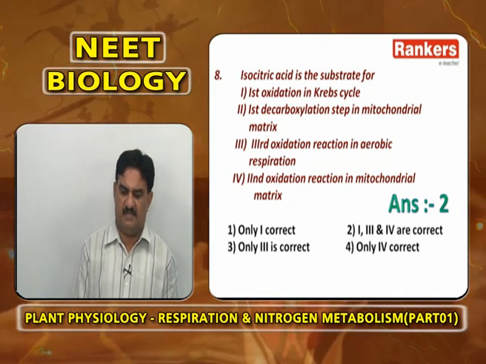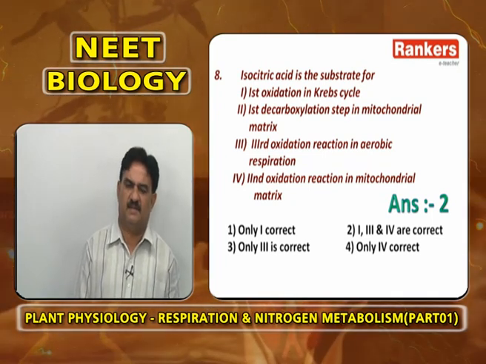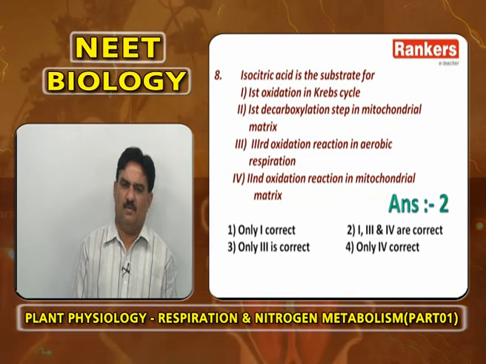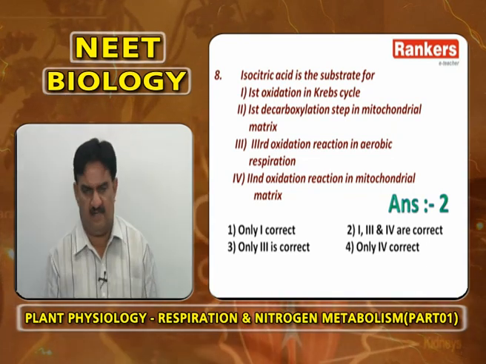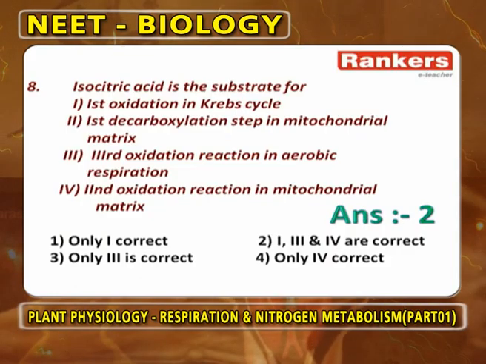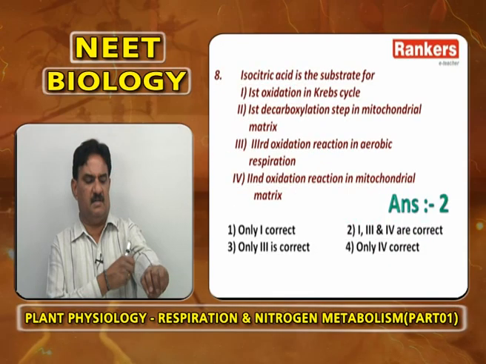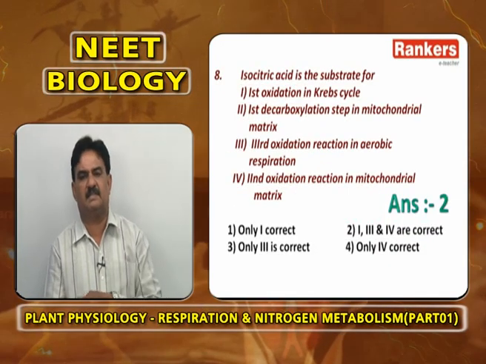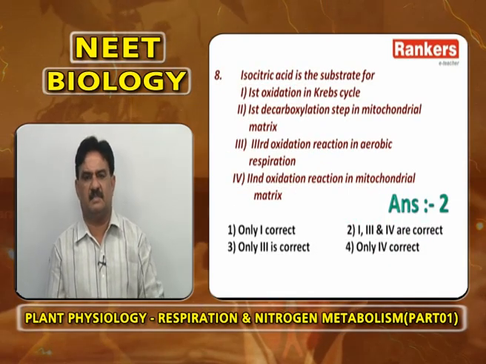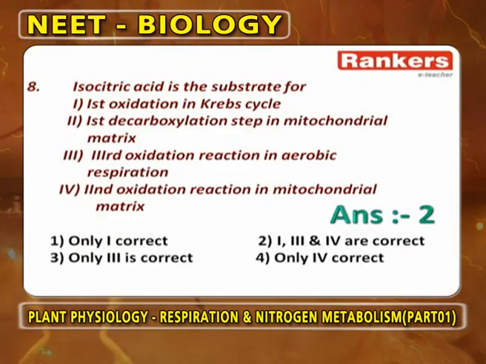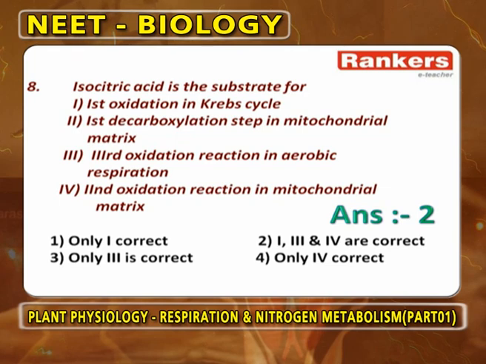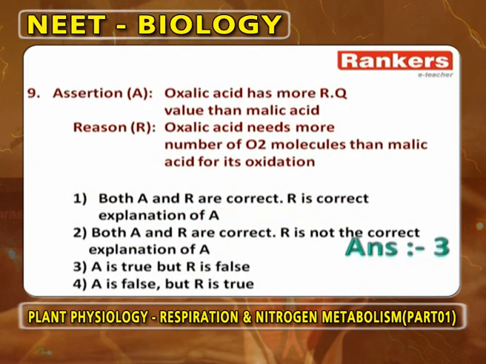Third oxidation reaction in aerobic respiration is correct, because one is in glycolysis, one is between glycolysis and Krebs cycle. It is also the second oxidation reaction in mitochondrial matrix, since the first is oxidative decarboxylation of pyruvic acid. So 1, 3 and 4 are correct.